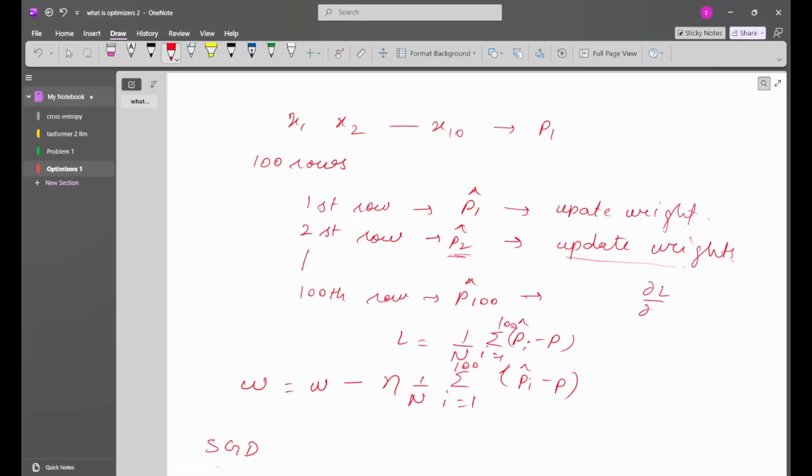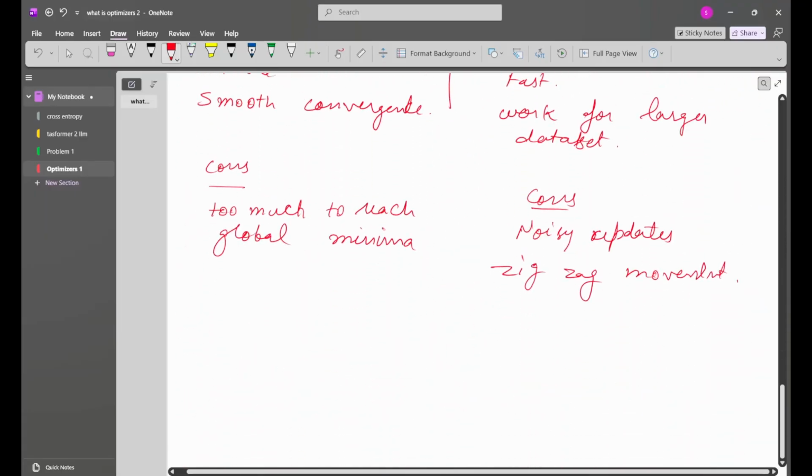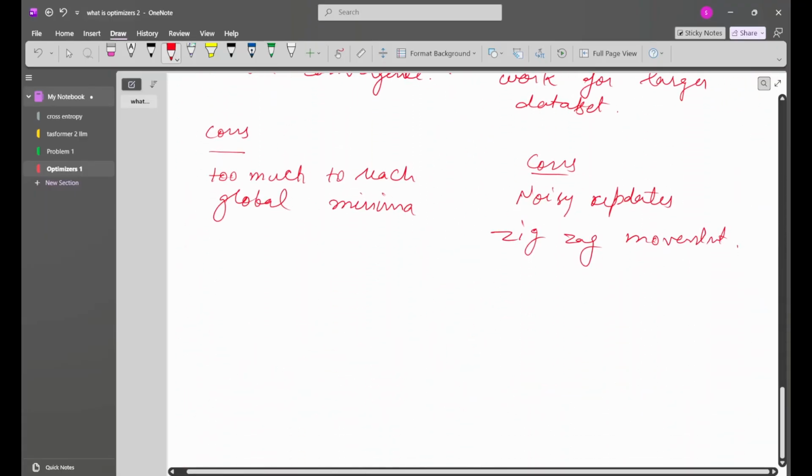Calculating derivatives. It is calculating derivatives, and this gradient is telling us the direction. I told you, gradient gives us direction. So due to this direction, the movement is like this, this is the global minima.